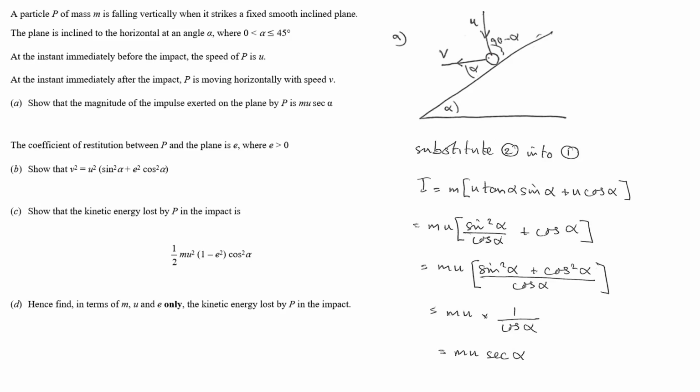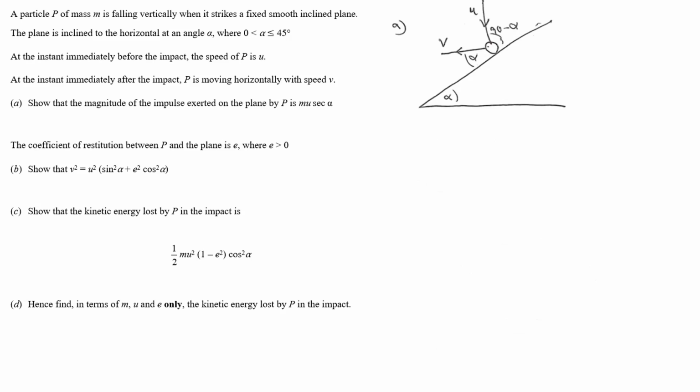You've got mu times 1 over cos alpha, and 1 over cos alpha is sec alpha. So it's mu sec alpha. B, it says show that v squared is equal to u squared times by that.